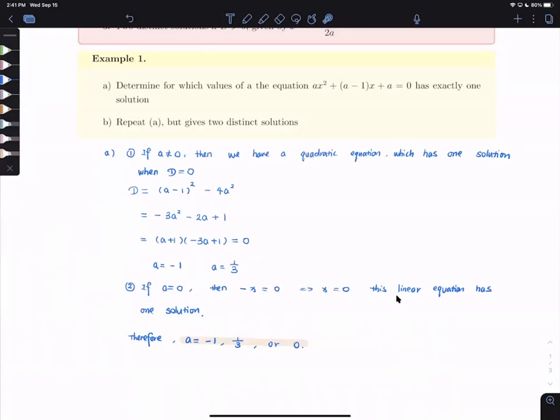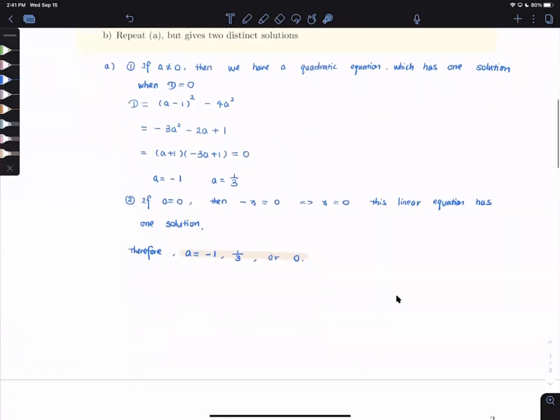Okay, so if you have no question for A, part B is fairly simple because for part B, they ask for 2 distinct solutions. That means you can never have a linear equation anymore, because linear equations do not have 2 distinct solutions, right?